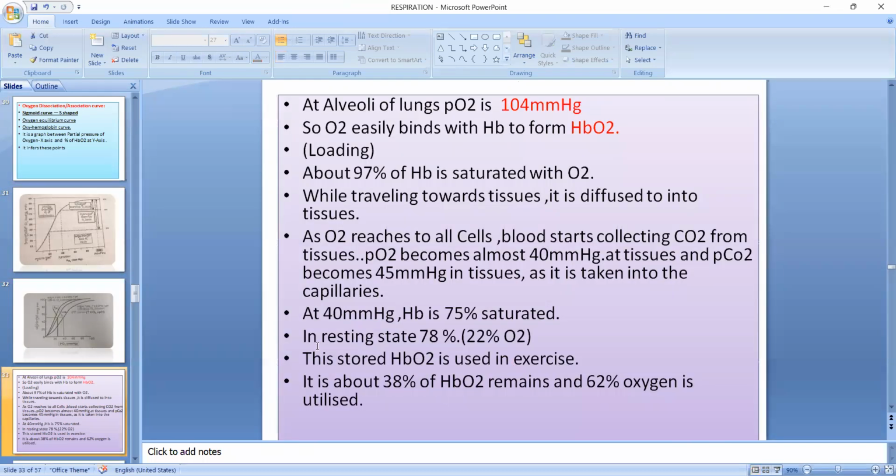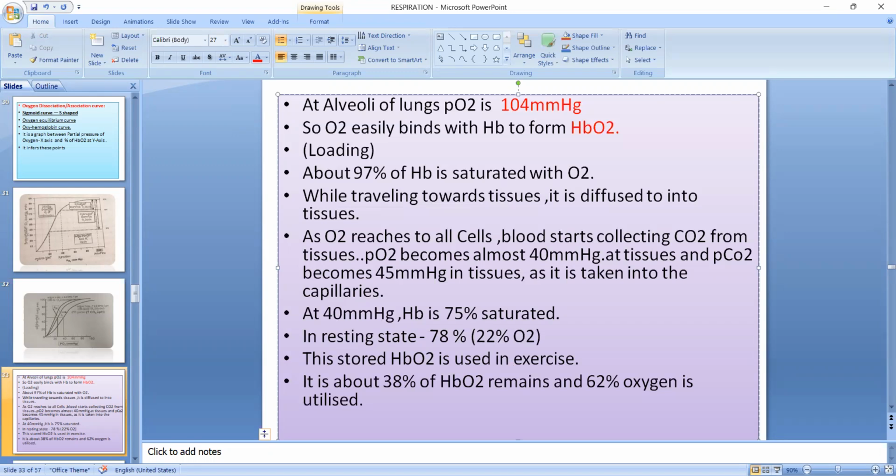So in resting state it is about 78%. The saturation of Hb with oxygen is 78%. Enduku? Because in resting stage, okay, oxygen requirement is very less.